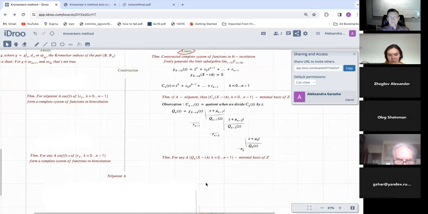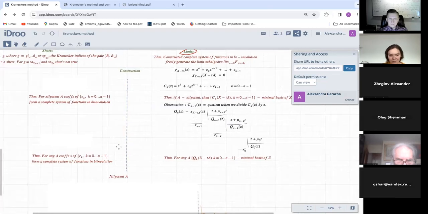And then when I had to integrate this basis, I found the explicit form of these matrices, and I could integrate them.